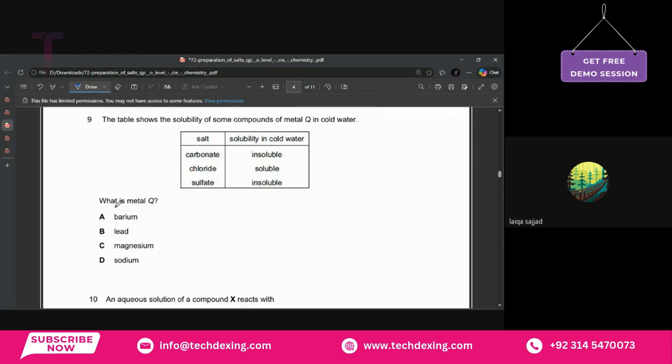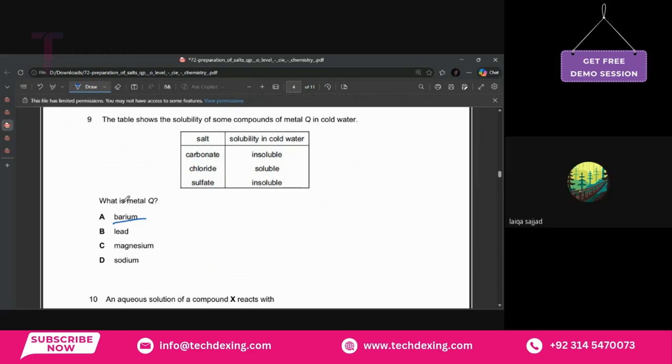What about barium carbonate? If the metal is, let's say, barium, is barium carbonate insoluble? I was muted. I was saying the answer is barium. Yes, very good. Because barium carbonate is insoluble, barium chloride is soluble, and barium sulfate is also insoluble.